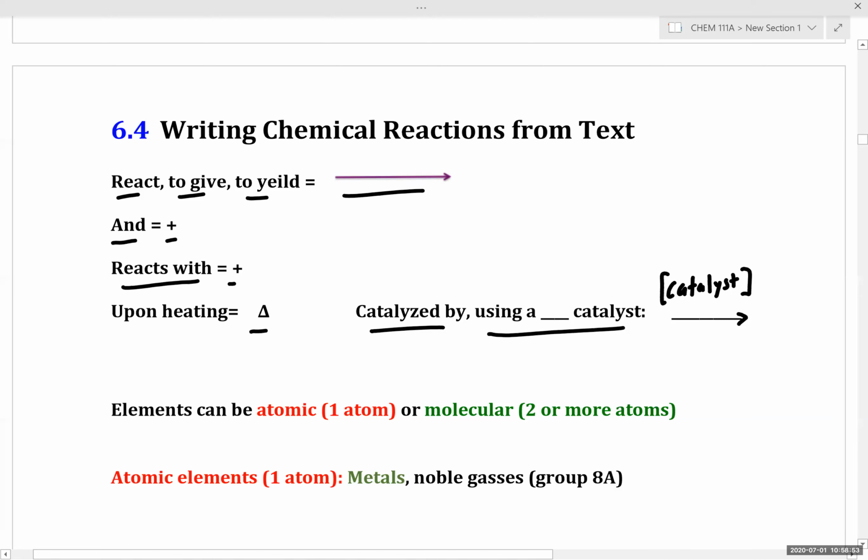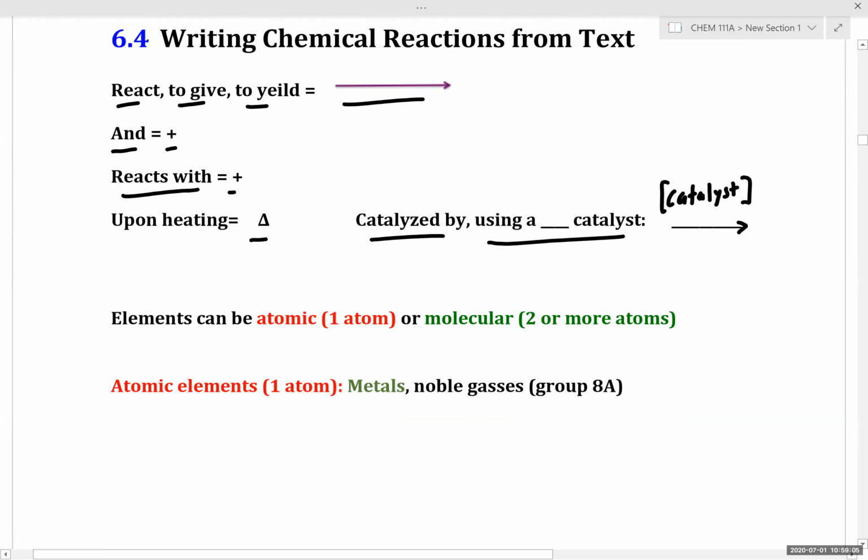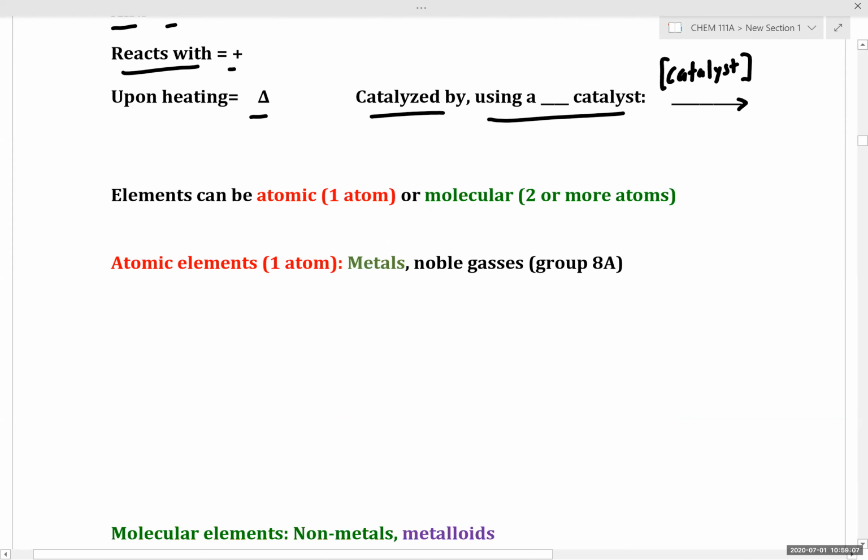Now, just as a refresher, we can get the formulas of ionic and covalent compounds using nomenclature rules. But let's review how to write the formulas of elements, as this is what commonly trips students up on these sorts of problems. If you don't have the correct formula, you can't balance an equation effectively. So elements can be atomic or molecular.